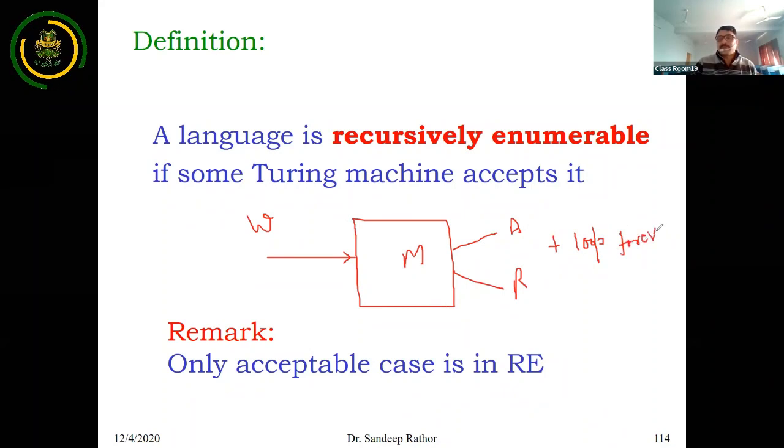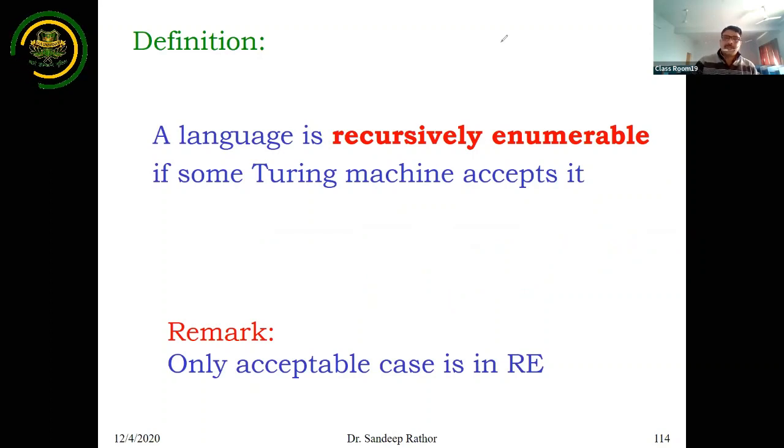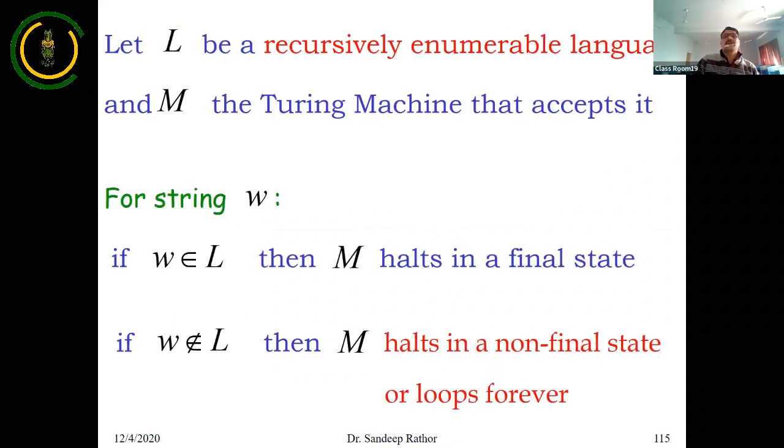In case of loop forever, you can't say whether this particular string W is accepted by Turing machine M or not. But in case of the recursive, it is accept or reject plus halt. Halt is there. So this is the simple difference, with the help of the diagram, between the two definitions, recursive and recursively enumerable.